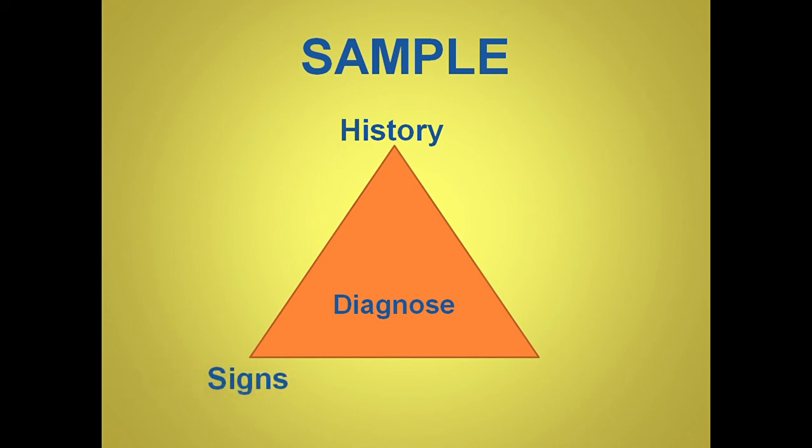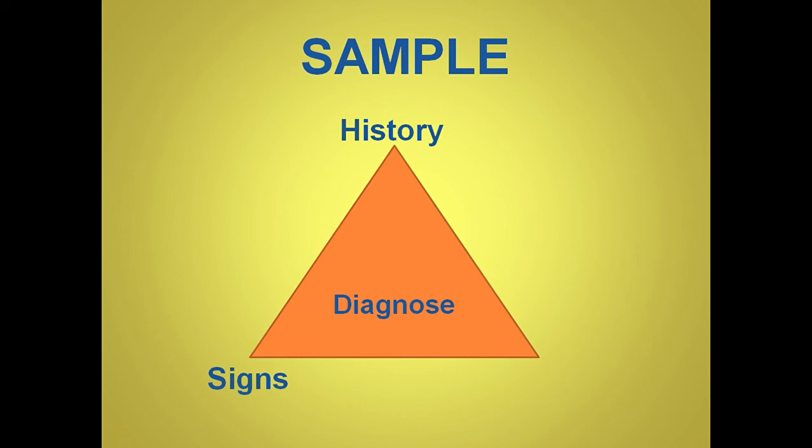We're also going to use signs. Now, in medical terms, a sign is anything that the medic can sense: anything you can see, anything you can hear, anything you can feel, and anything you can smell. So if you can sense it, it's classed as a sign.